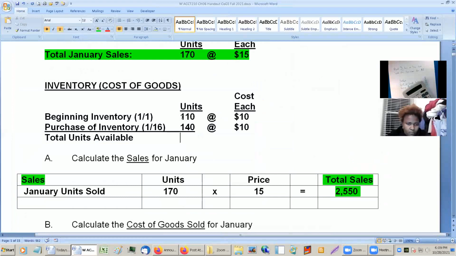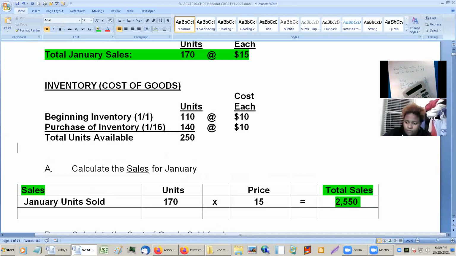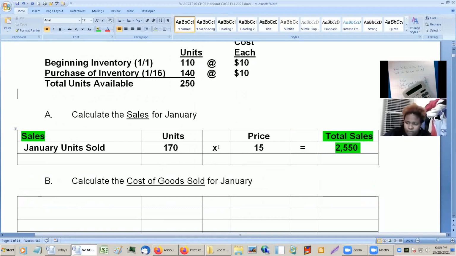So the total units we could have possibly sold was 250. Okay. So we ended up selling 170 of them. So here's what we have to do. We have to find the cost for those ones we sold. Now, notice there's some that we didn't sell, right? So these units we sold 170 of them. We got to get the cost for those units that we sold.